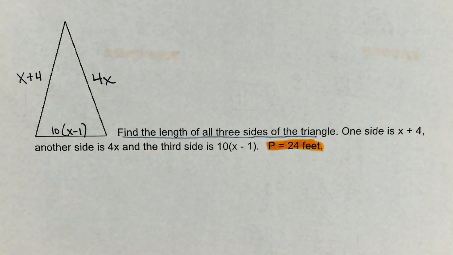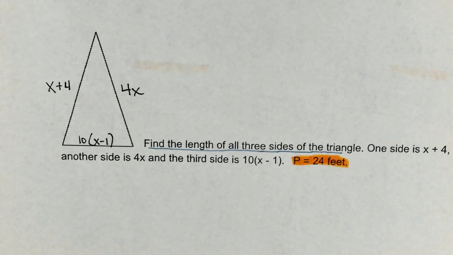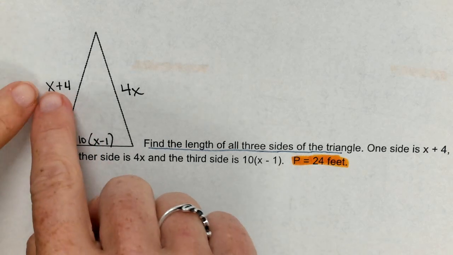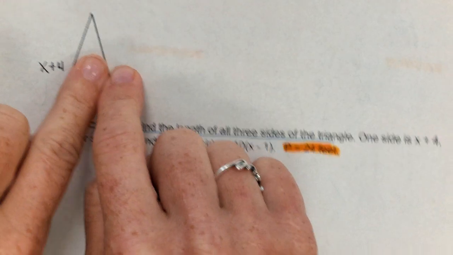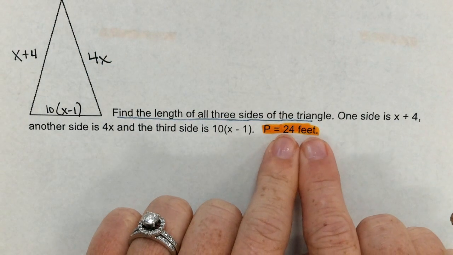What does P equals 24 mean? Perimeter equals 24. So they're giving you the perimeter. Now tell me, how do you find perimeter of anything? Add up all the sides. So isn't this just an equation like we're doing? So I'm going to do this side plus this side plus this side, and it has to equal 24.